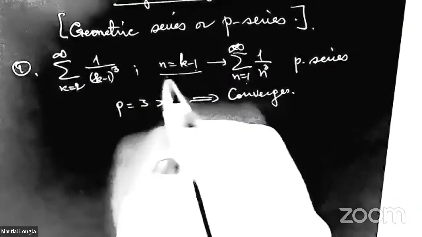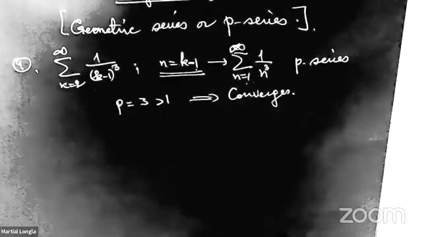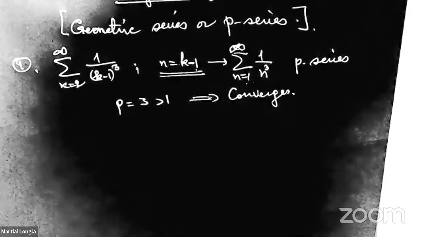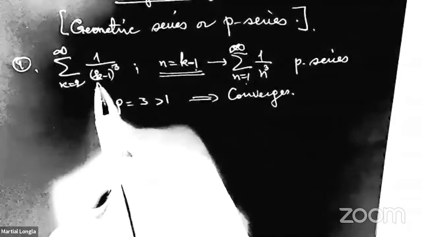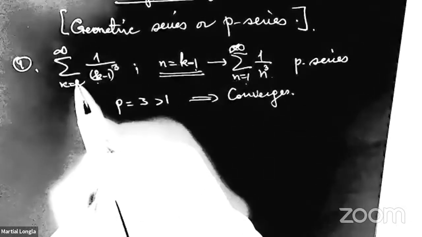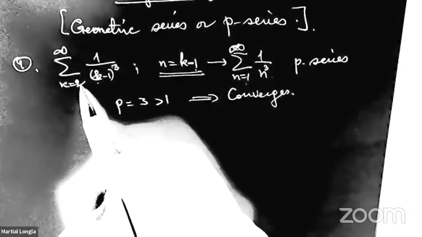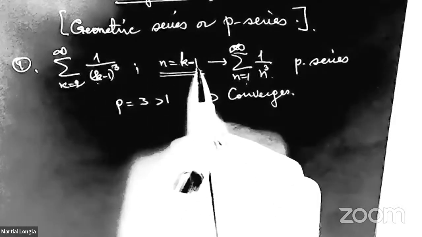Okay. And that's the reason why we move from k to n, replacing k by n plus 1, or n by k minus 1 here. So k minus 1 is n, so we replace. And then when k is 2, that's the beginning here. You replace n with 2, so 2 minus 1, that's 1.